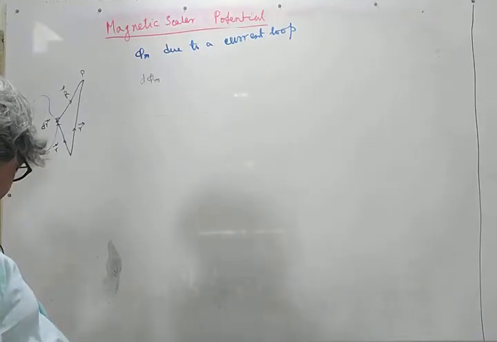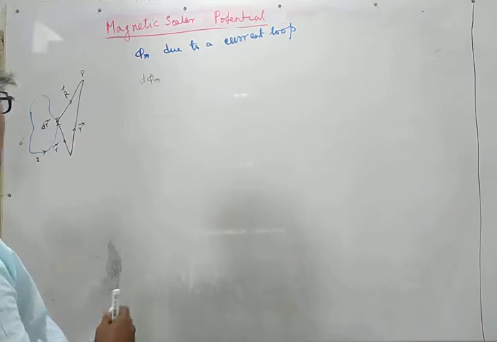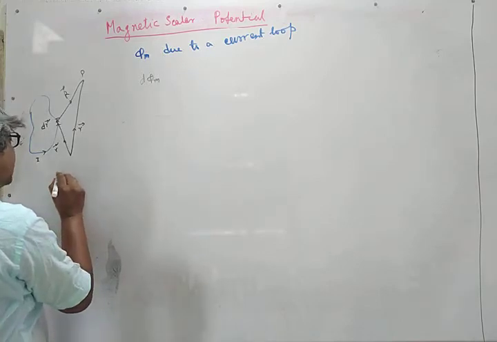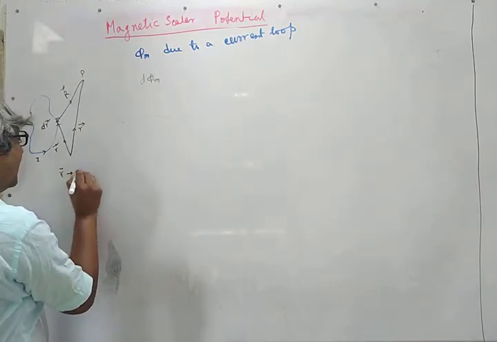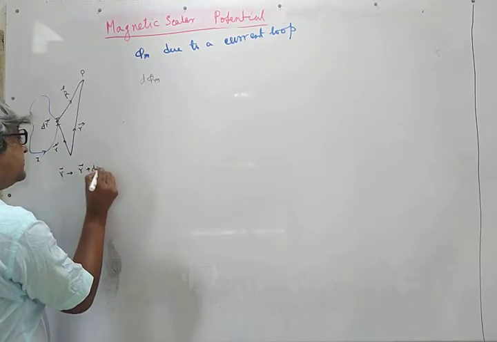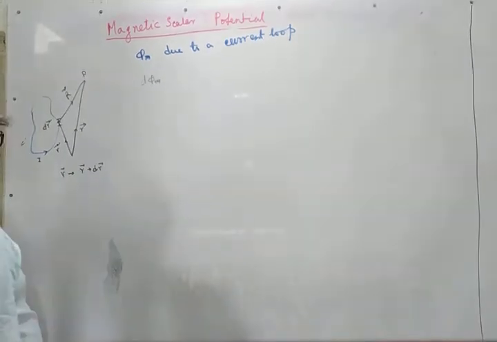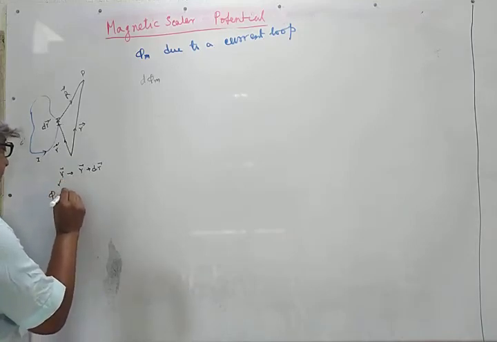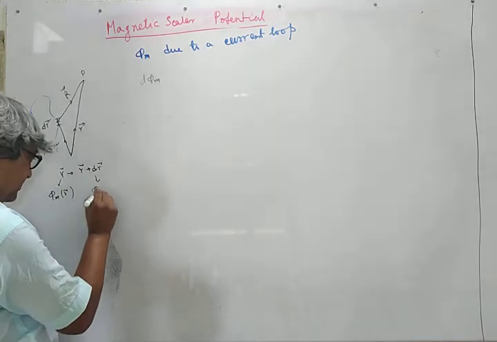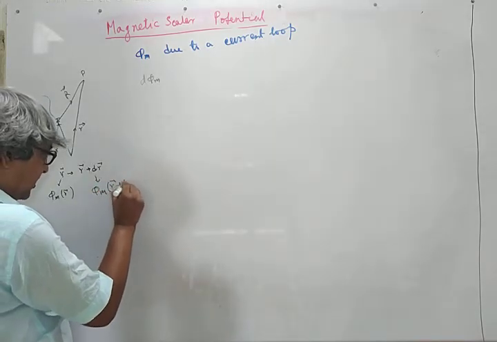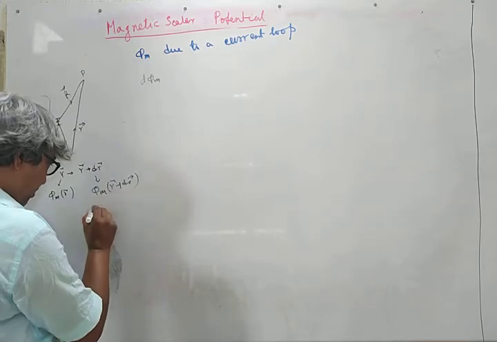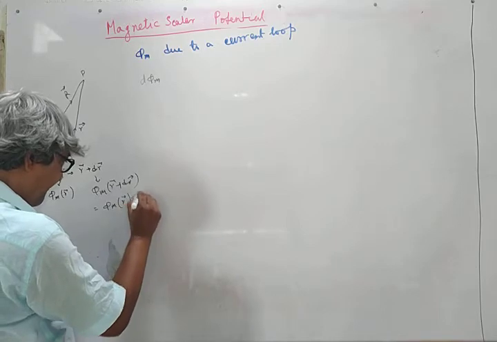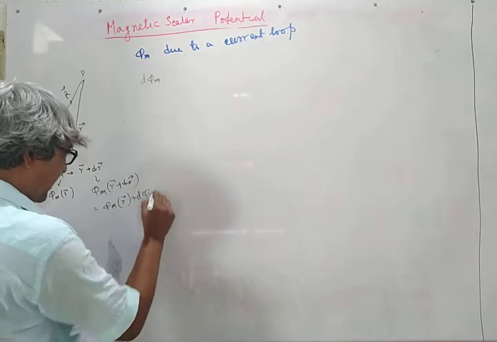That is, if we make a shift of the field observation point from r to r plus dr, then there will be a change in the potential, because at point r the potential is phi m at r, and at this point the potential is phi m at r plus dr. If we consider dr to be small, we can approximate it as d phi m at r.